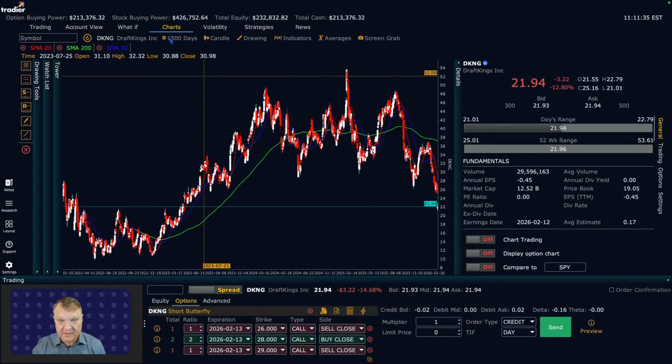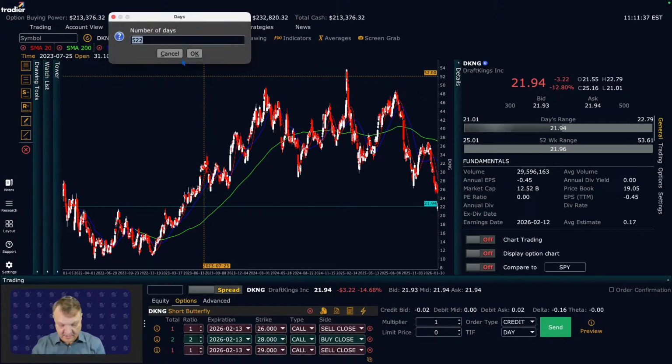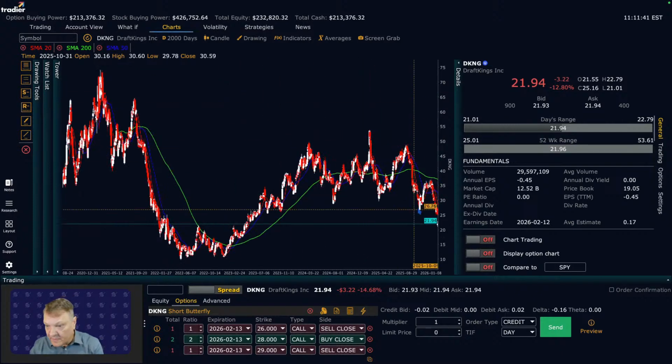Let's see if we can go 2,000 days here. These are all the touches through here, and this was the downfall all the way back here. So it tried to come back to this range, and I'm stretching it, trying to make this a point of resistance to the upside after the drawdown.